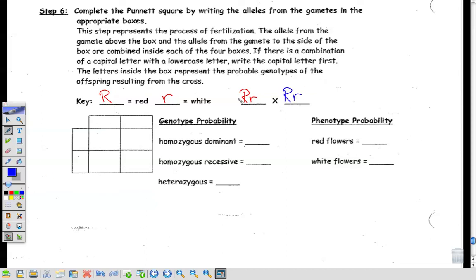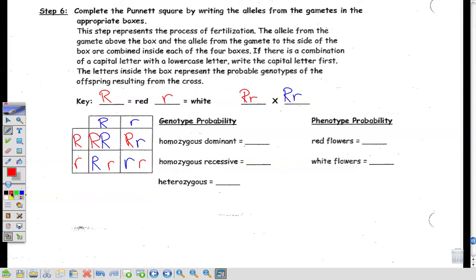So I'm going to take my second parent and write it on the top, and my first parent and write it on the side. And then we take the big R all the way over, the little r all the way over. Now for the second parent, we're going to drop its R down and its r down, and the second R down and the second r down.